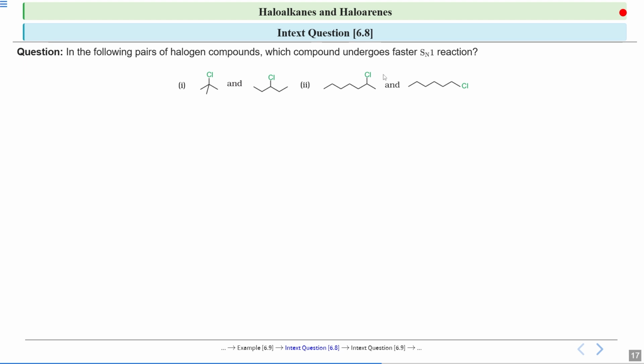So you have been given these 2 parts, or you can say 2 pairs, and in the following pairs of halogen compounds, you have to identify which will undergo the faster SN1 reaction.